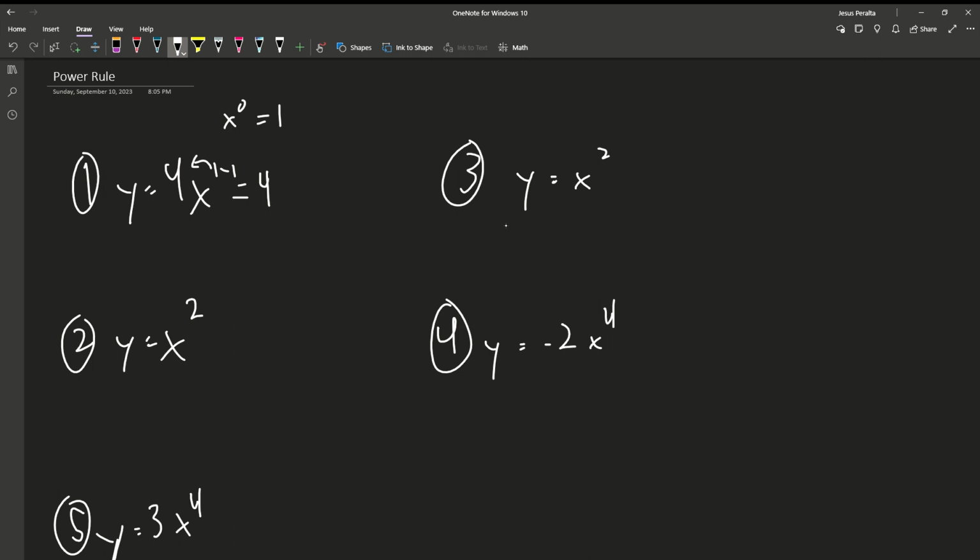The whole reason for this is, imagine we had 2 to the power of 0. Well, this is the same thing as 2 to the power of -1 times 2 to the power of +1. So when we have a fraction, you add the exponents.